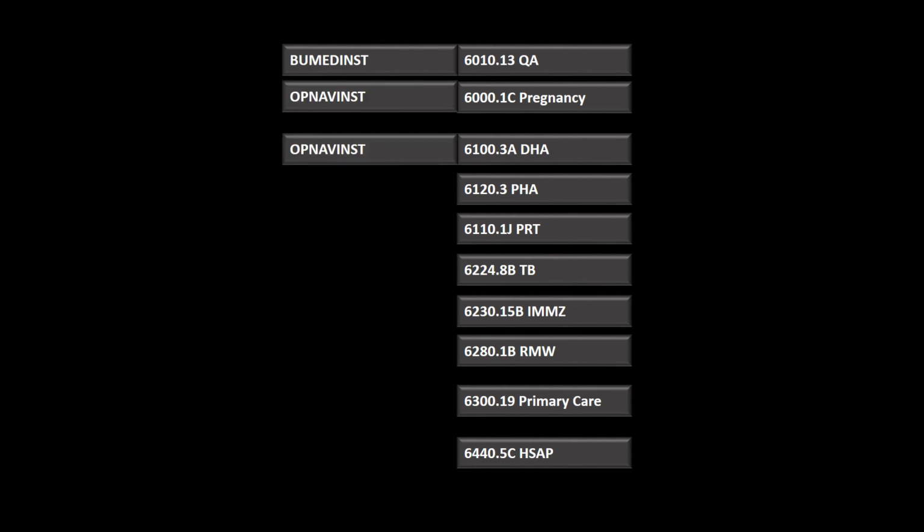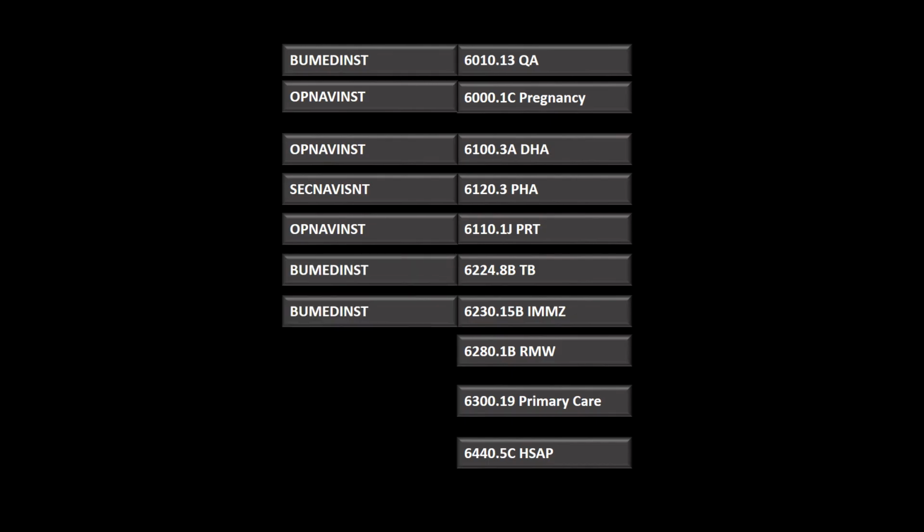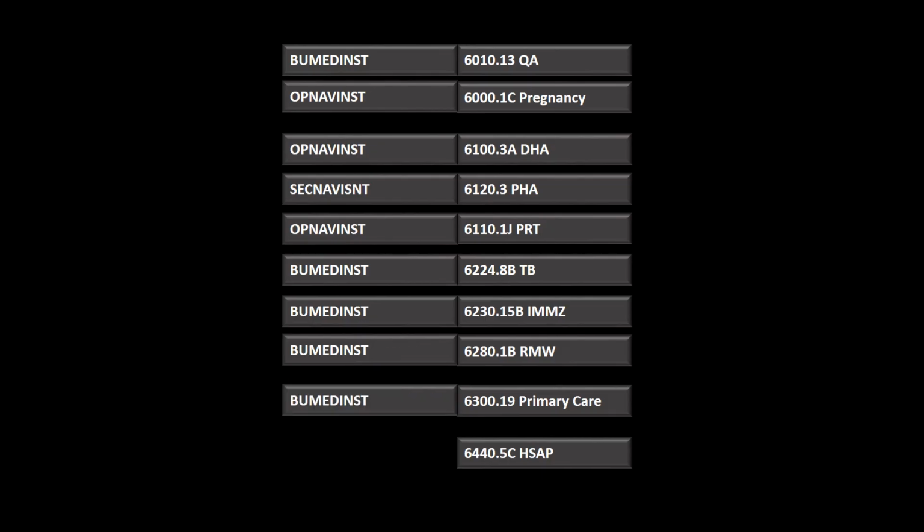Deployment Health is an OpNav instruction. PHAs are actually a SecNav instruction. PRT, OpNav again, and then we're going to BUMED out for the rest of these, right? BUMED instruction for TB, BUMED instruction for immunizations, BUMED instruction for regulated medical waste, BUMED instruction for primary care, and BUMED's the one who's going to tell us about the Health Service Augmentee program.